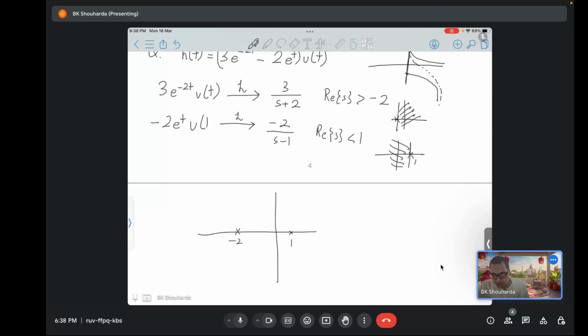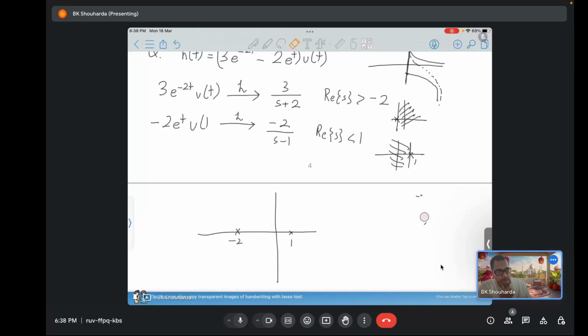So we have been asked to find the region of convergence so that the system becomes unstable and anti-causal, stable and causal. No, it can't be causal. Let me solve this in front of you. This is the last question. So what are the possible ROCs that we can draw?